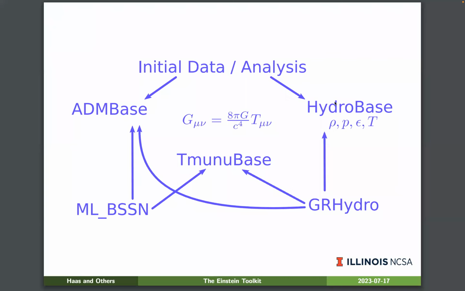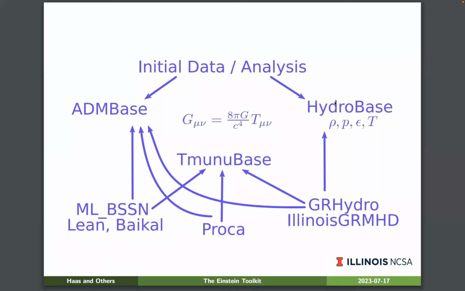Similarly, an analysis code only looks at hydro base or at ADM base and can detect apparent horizons for black holes or the total mass or outflow of material for everything that's in there by just looking at these. That's the idea. And the good thing is that this actually worked.